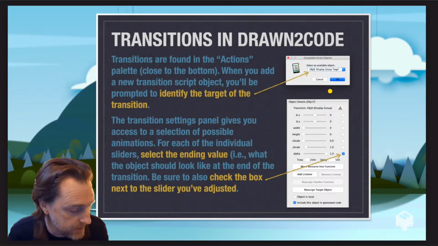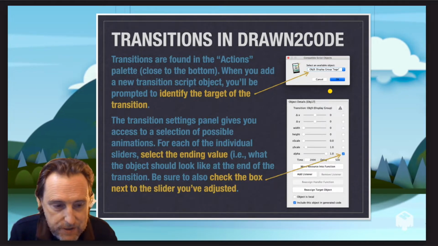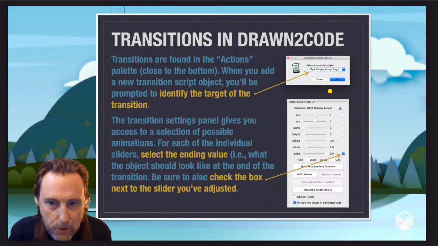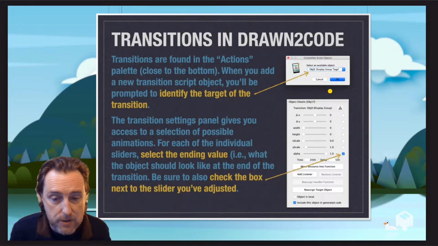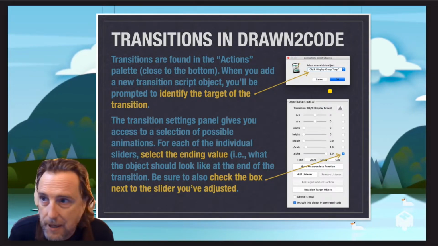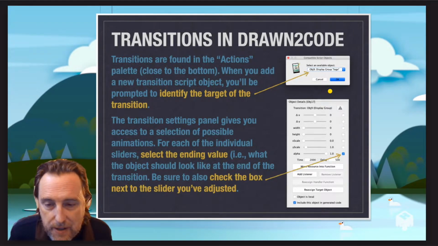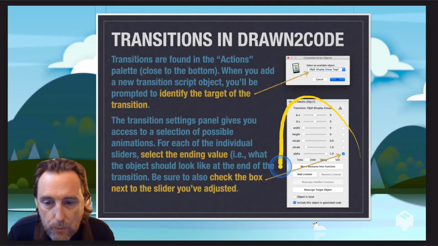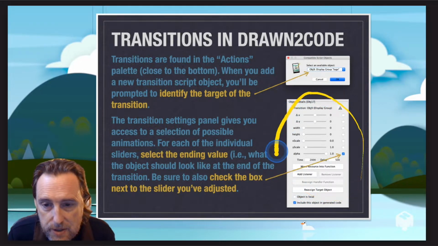For instance, in the stack that I'm screenshotting and talking about, the course logo, that's object 9, the display group logo. So if you wanted a transition to work with that display group, you'd select it from the script object pop-up. And then you'll get this big settings panel, which gives you control over what's your transition. What do you want to transition?